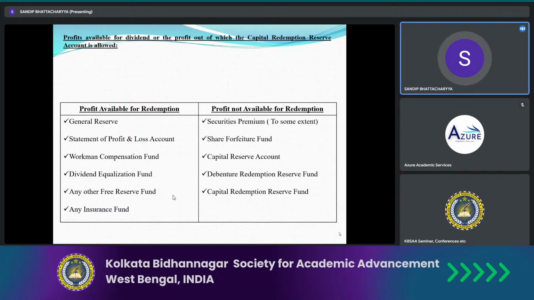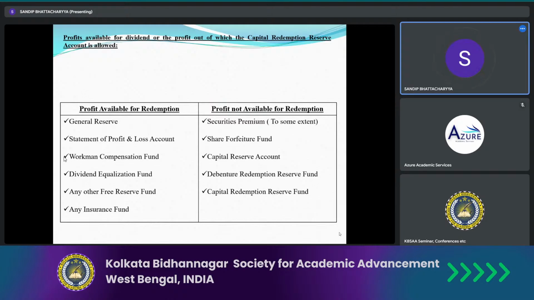As I already mentioned in my previous slide, you may issue your preference shares at face value, at a discount, or at a premium. But in the redemption case, if your preference shares are redeemed at a premium, you must utilize your securities premium if you have it in your balance sheet.